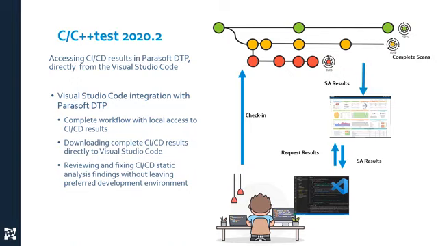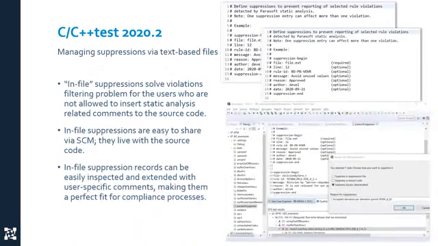And now let me move to the last static analysis related subject and discuss some new options that we have added for managing suppressions. All right, so any team serious about static analysis understands that suppressions or waivers management is critical to use static analysis successfully.